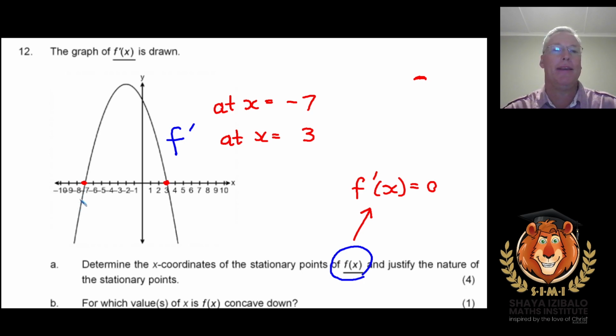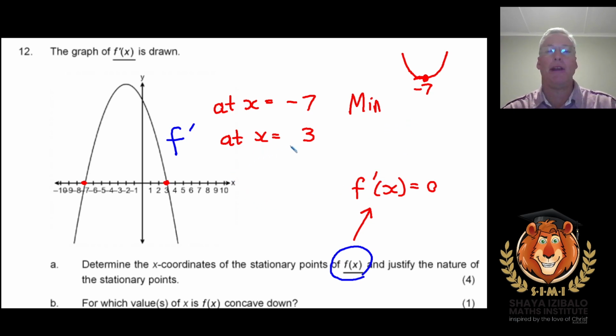To the left of -7, the gradient is negative, which means it's coming downhill. After -7, the gradient becomes positive. So the graph's doing something like that at the x value of -7, which means that at x equals -7, we've got a minimum turning point, what we call a local minimum.